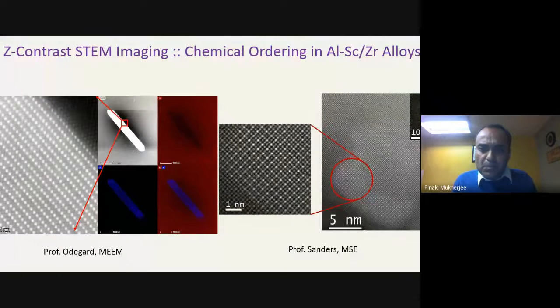Just by imaging, as I said, the image is a Z contrast image, so if there are two kinds of atoms in your sample, you can directly interpret it. But I will show you later that we have taken spectroscopy from this area to further prove our case.